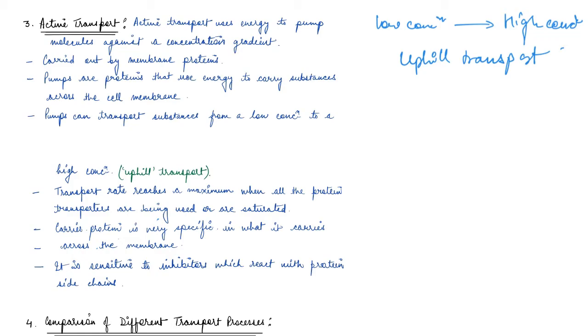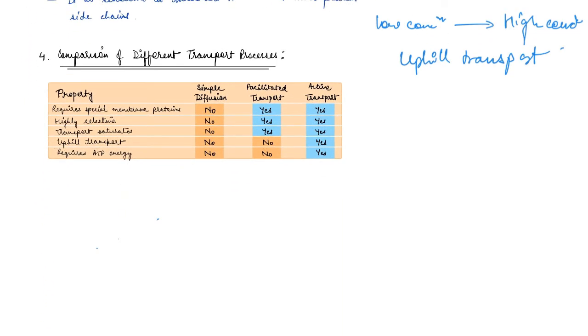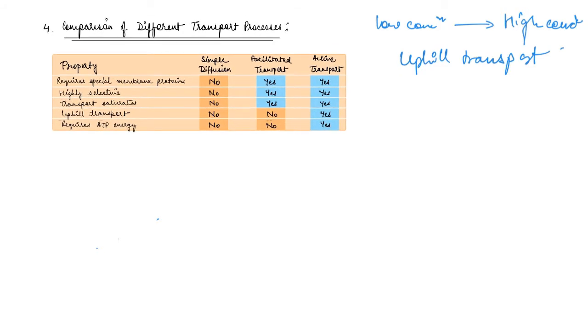right? So let's just see the comparison of different transport proteins once. So see, the first one is simple diffusion, right? Does it require special membrane proteins? No. But facilitated and active transport, yes, they do require. Then highly selective. Simple diffusion is not selective, but facilitated diffusion and active transport, yes, both of them are selective. Transport saturates, right?